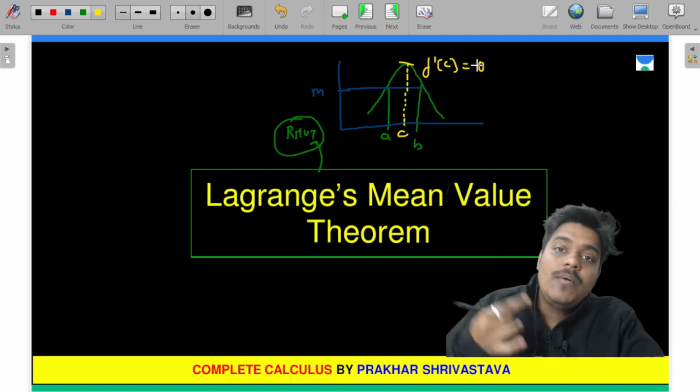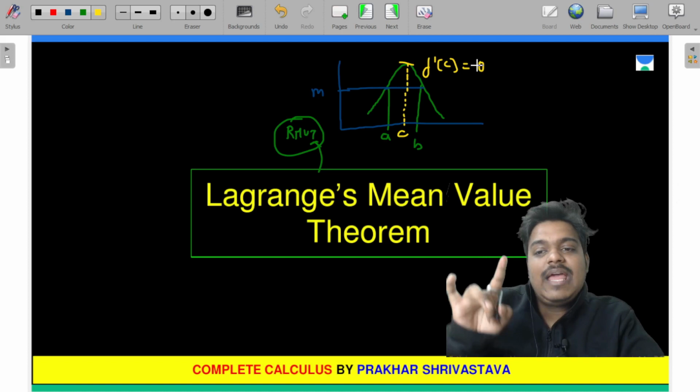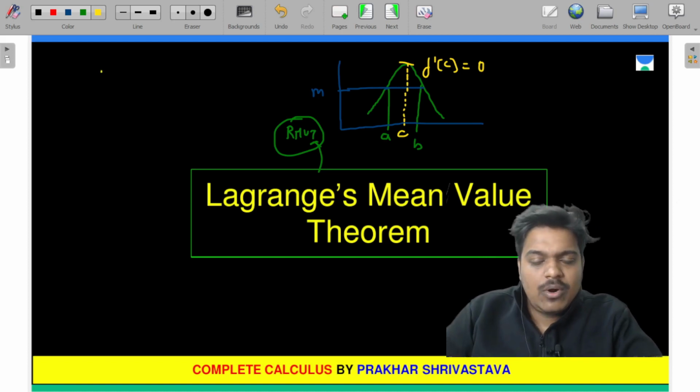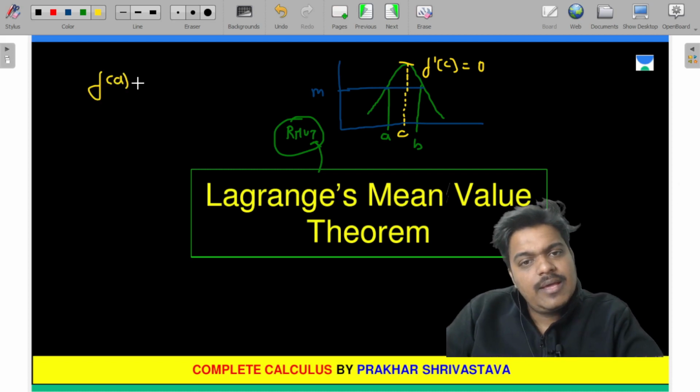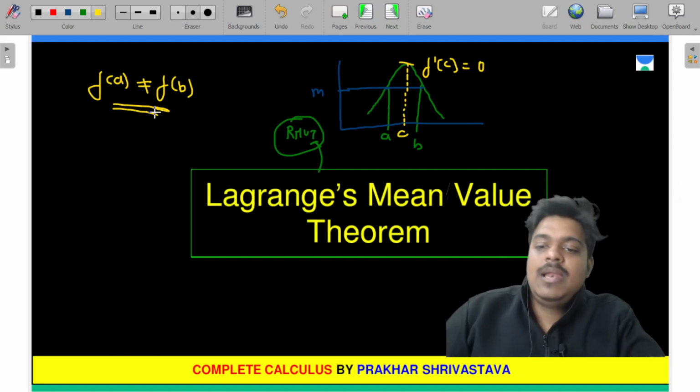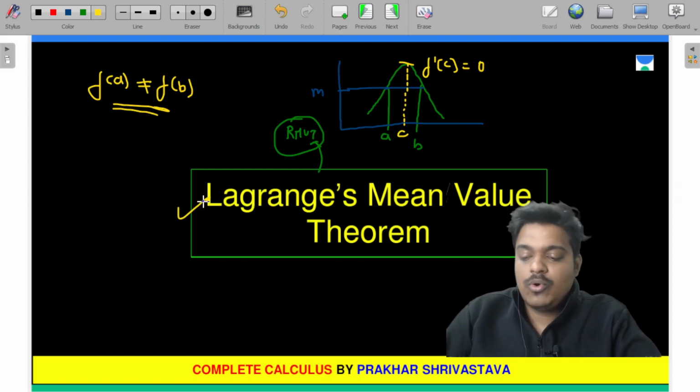But now what happens if f of A and f of B are not equal? If they are not equal, then Rolle's mean value theorem will not be applicable. Now, which theorem will be applicable? Lagrange's mean value theorem.